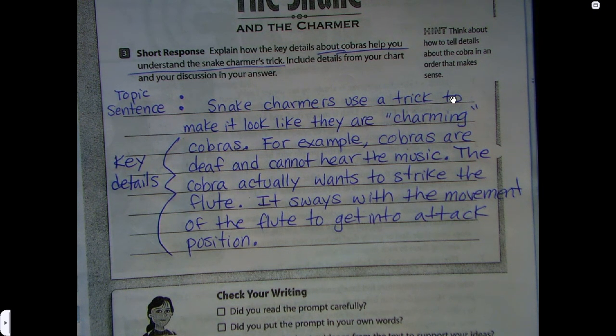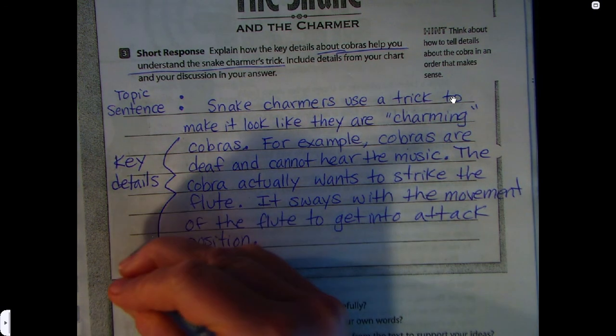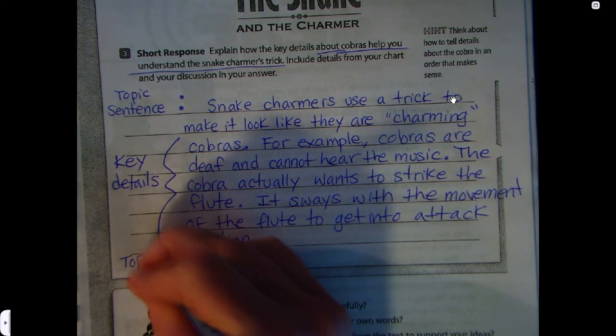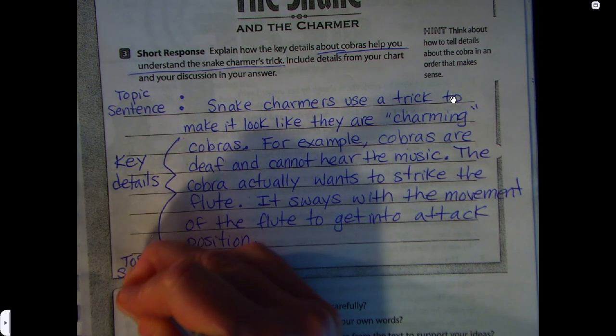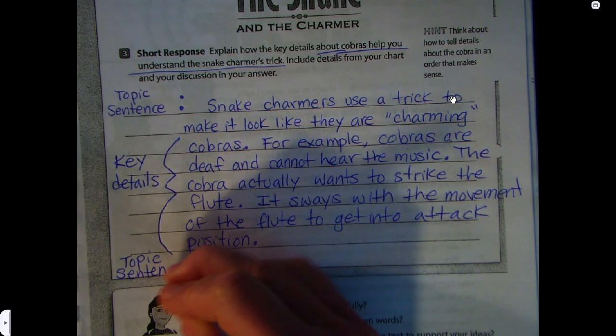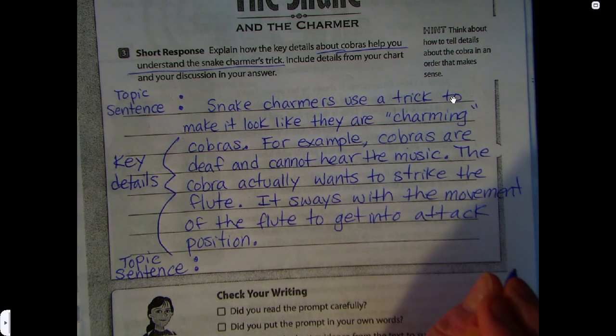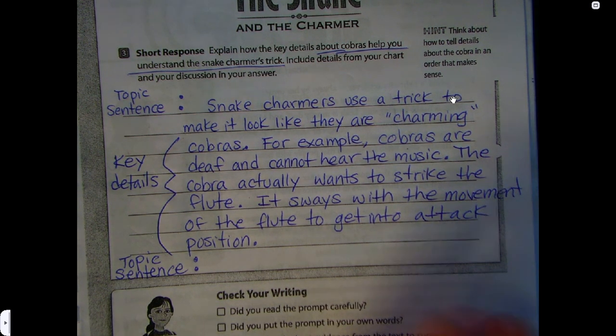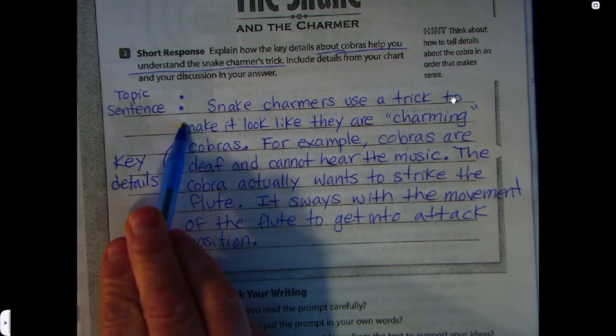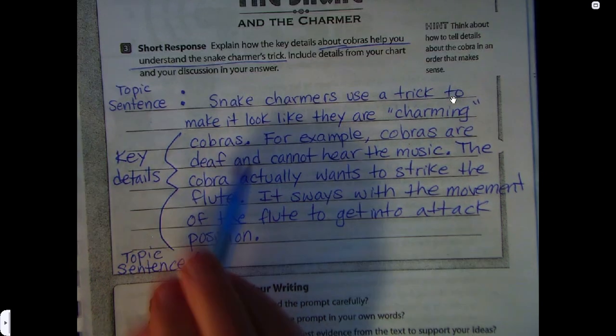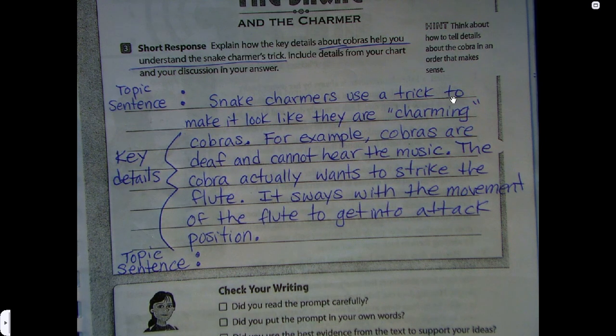Now, because this is not an open-faced sandwich, this is a hamburger, we're going to finish it off with a bottom bun. The buns are the topic sentences. So if Ms. Tanko ever says something about your buns, it's your topic sentences, I swear. All right? We're going to repeat our topic sentence. We don't want to repeat it exactly. We might want to change it up a little bit, but we want to remind the reader what we're trying to teach them.